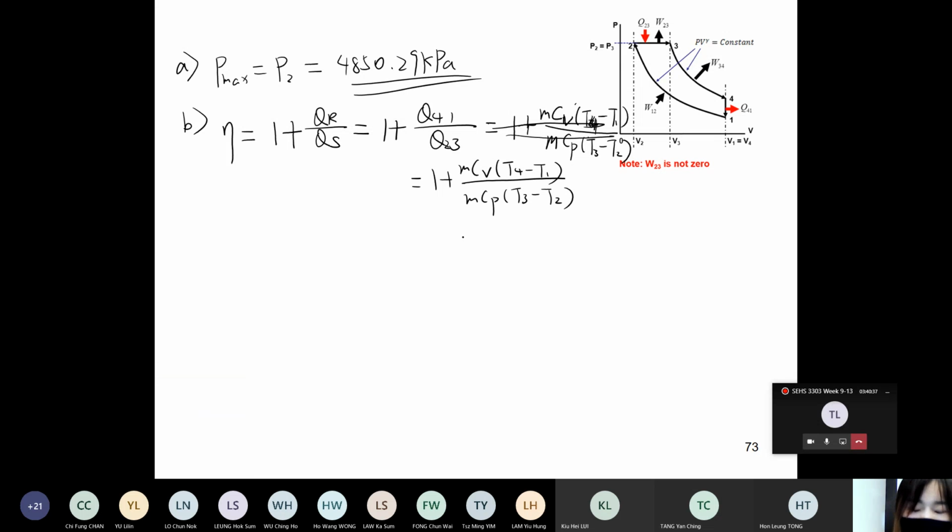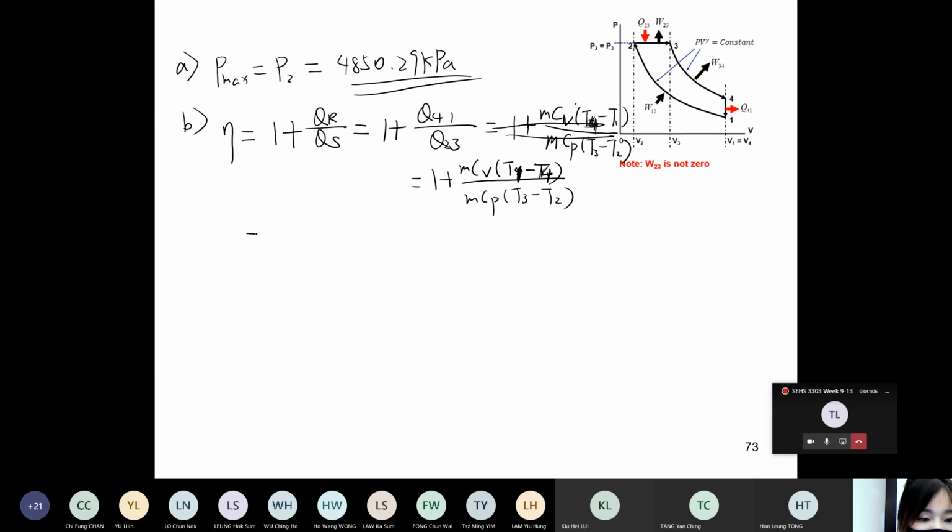What's wrong with me? Okay, for this equation, any problems? Good. Always the final state minus the initial state. I'm so sorry. I don't know what's wrong with me.